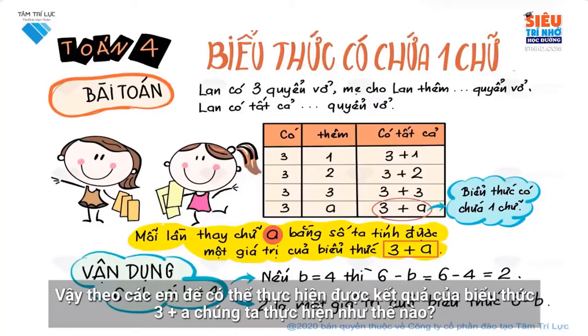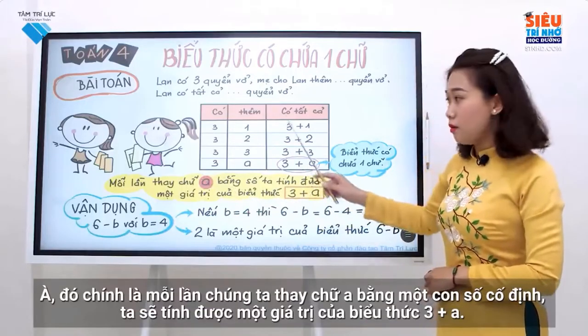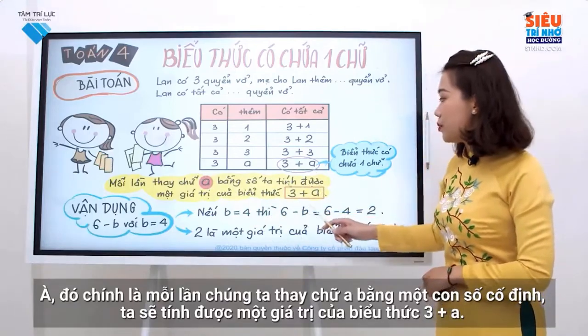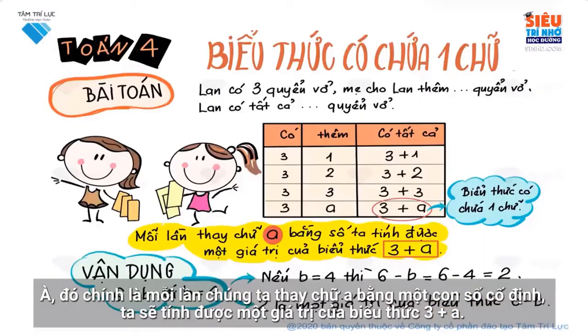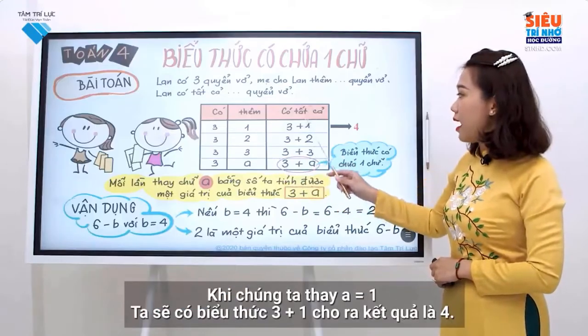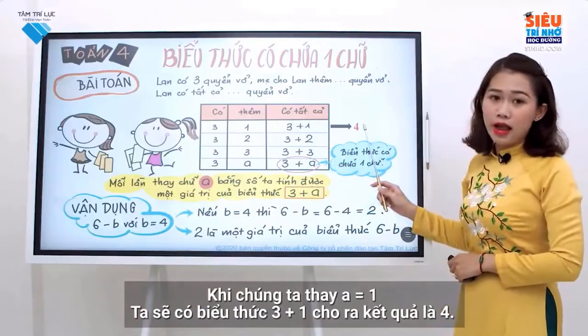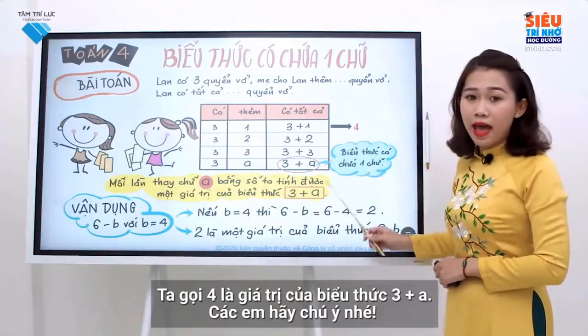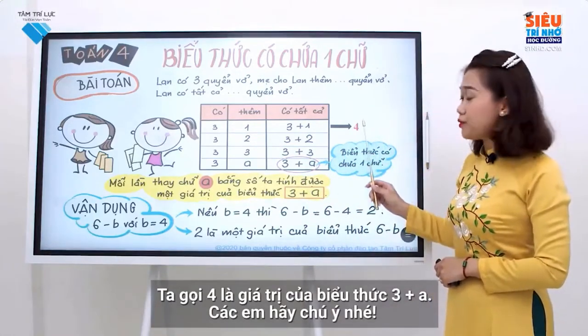So how to solve the expression 3 plus a? Well, whenever we replace letter a with a fixed number, we get a value of the expression 3 plus a. When we replace a by 1, we will have the expression 3 plus 1 equals 4. 4 is called the value of the expression 3 plus a. Please pay attention.